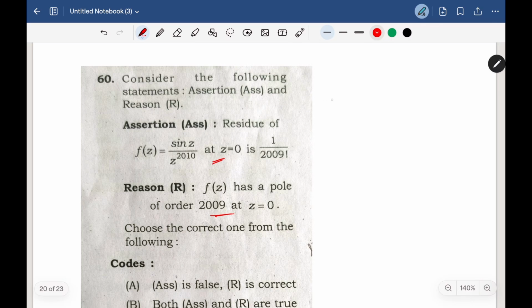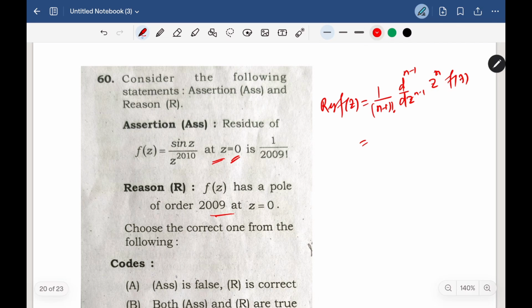So what is the formula for residue? Residue of f(z) is equal to 1 upon (n minus 1) factorial times d^(n-1)/dz^(n-1) of (z minus a)^n f(z). Here a is 0, so it is z to the power n f(z).